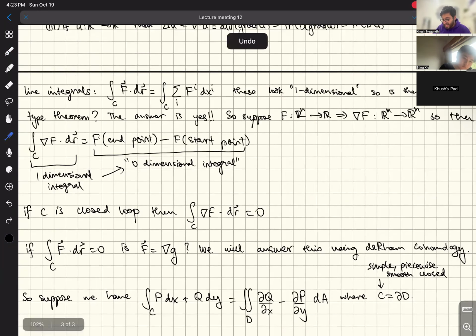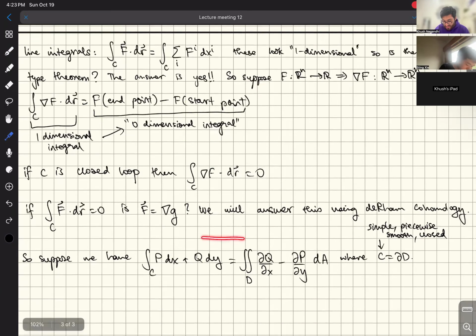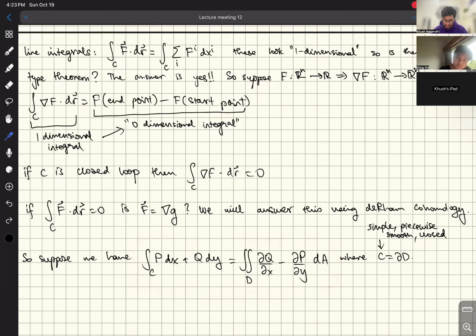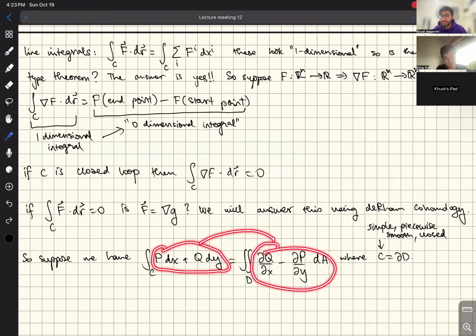The dimensionality of our space didn't make too much of a difference. But now we see this formula can't really be generalized to three dimensions too easily, because what would the proper generalization of this even be? We'll see later on that there's something called the differential operator that will take this and turn it into this in a natural way. And we'll see what natural means when we get there.